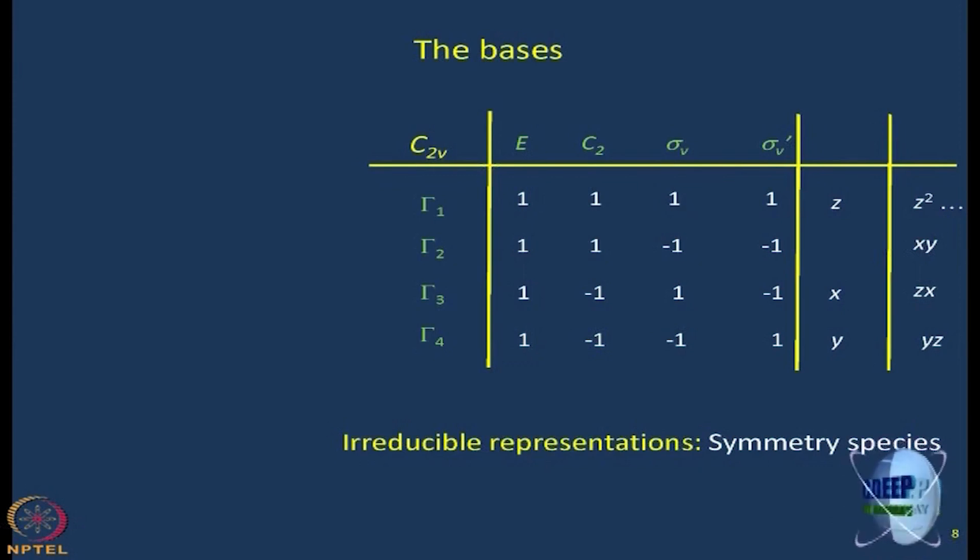We have already done x, y, z, right. So, if you can flip your notebook, you will be able to tell me where z belongs, where x belongs, where y belongs. And I think Jaydeep has already told us that z belongs to the top, totally symmetric representation. At least for the C2V, it is totally symmetric. This is where z belongs.